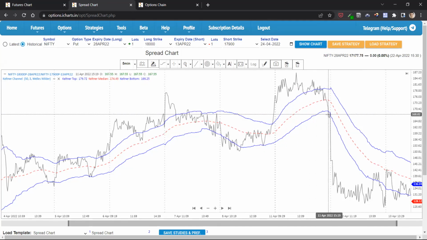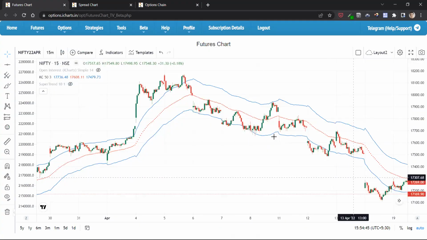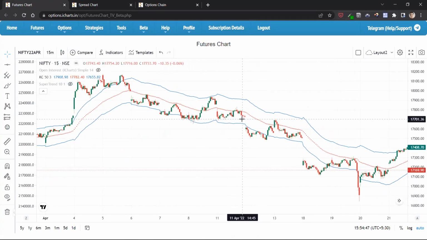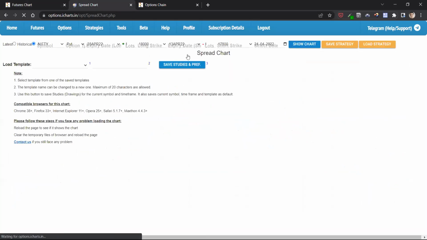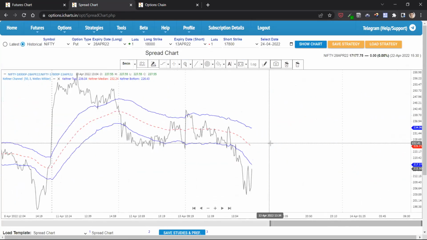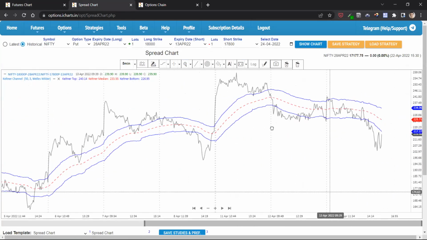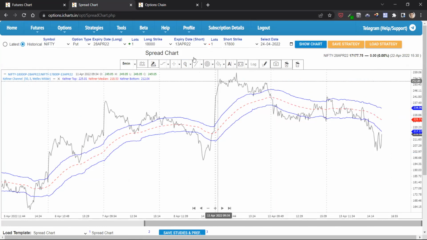Then you get the next adjustment on 11th, near market close. Again, we are down. We got the adjustment over here, so again we get this down. We are only changing the short strike here. We have not changed the long strike. On 11th market close, again you got adjustments.